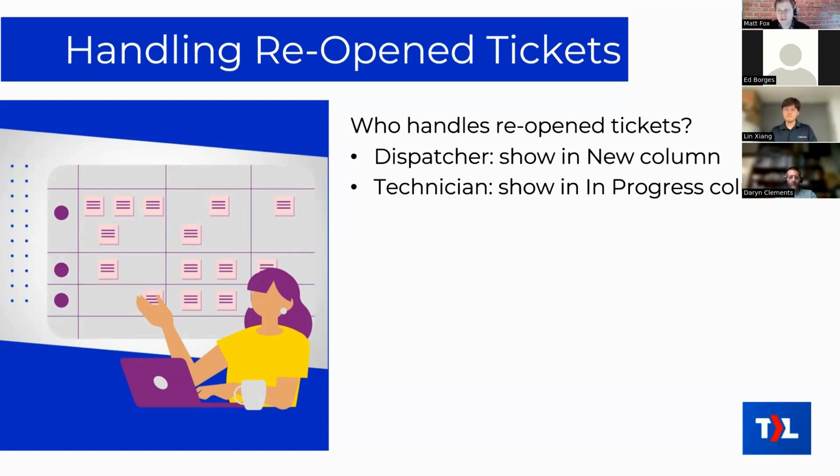The main question you need to answer there is, who do you want to handle those tickets? Does that go back to the dispatcher, or does that go to the engineer who was assigned to it previously when it was closed? My personal preference is to let that go back to the dispatcher, and in that case you would assign that reopen status to the new column.